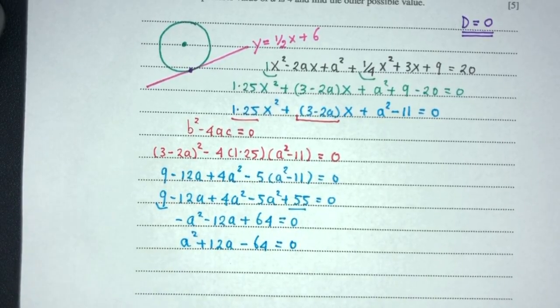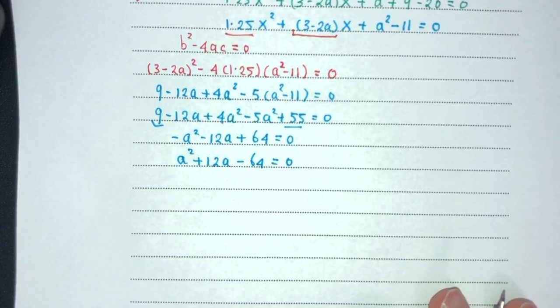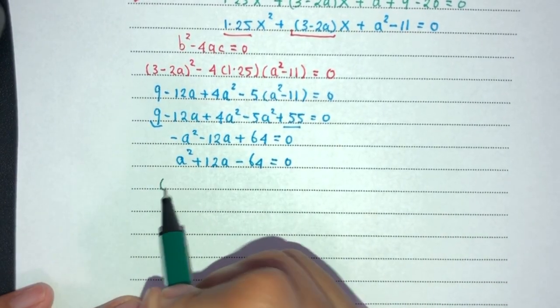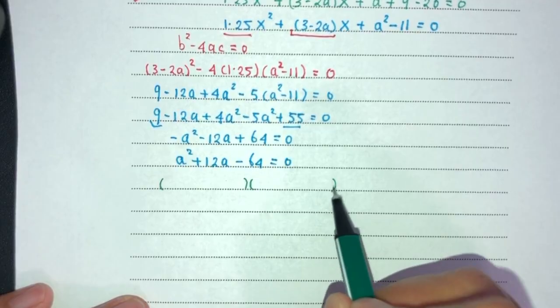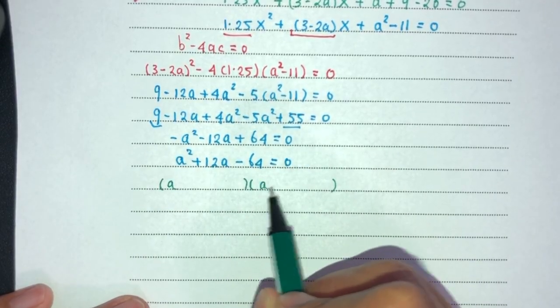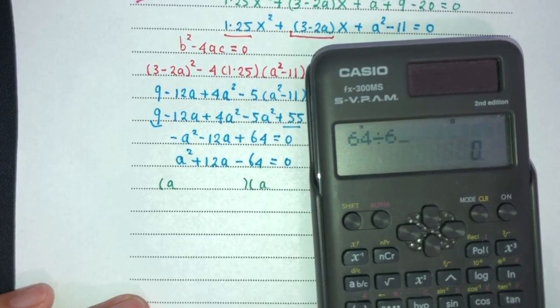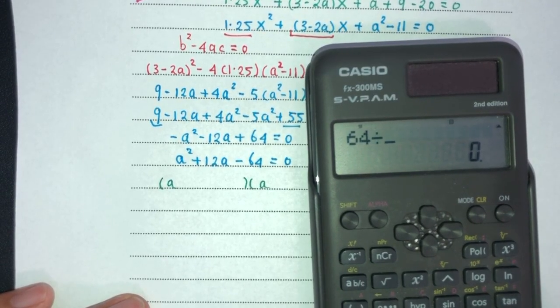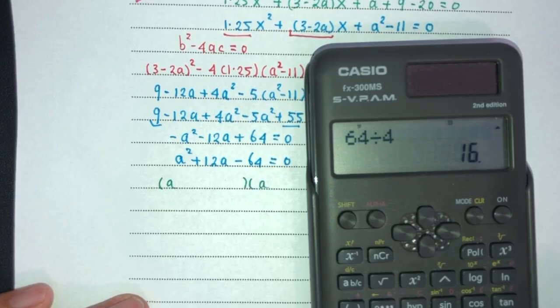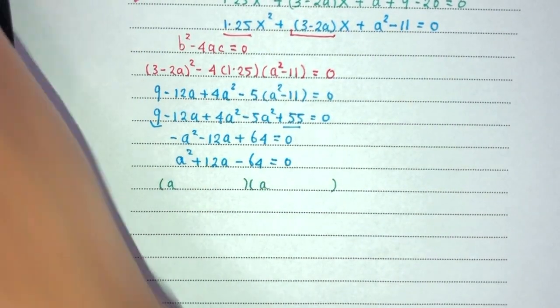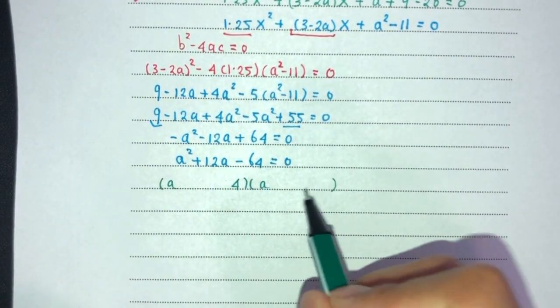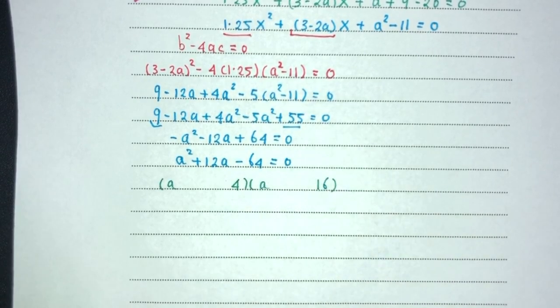Now you can solve this by factorization, or you can solve this by using the formula if you want to. Now let me try to factorize myself. Let's see what happens. So a squared is a times a. 64, I should know what the factors are. Divide by 6, but not possible. Divide by 4, that is 16. So 64 is 4 times 16.